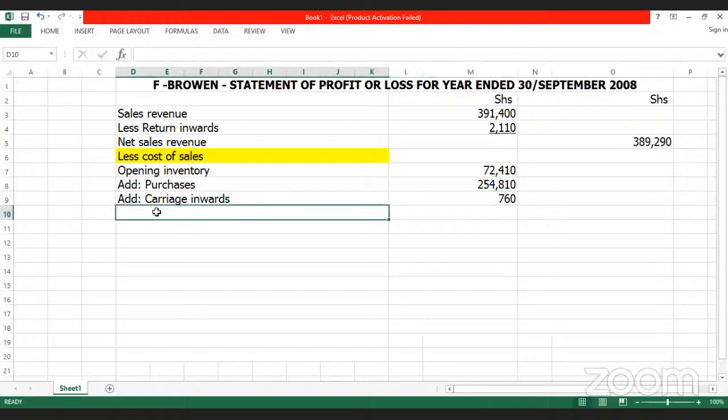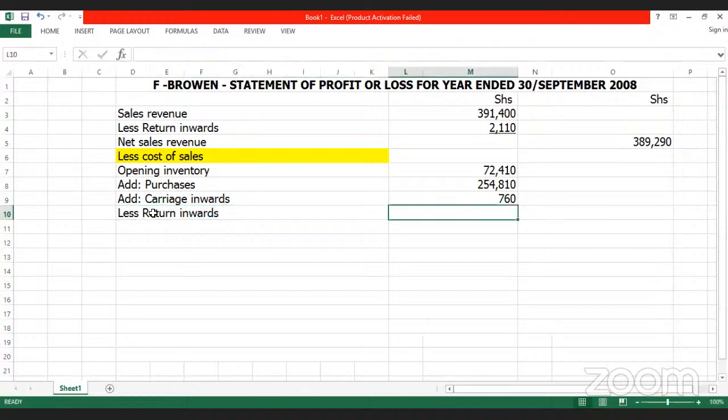Then what else do we have? Do we have returns? Because sometimes the business is returning back some of the goods. Return inwards? We have return inwards, 2,110.